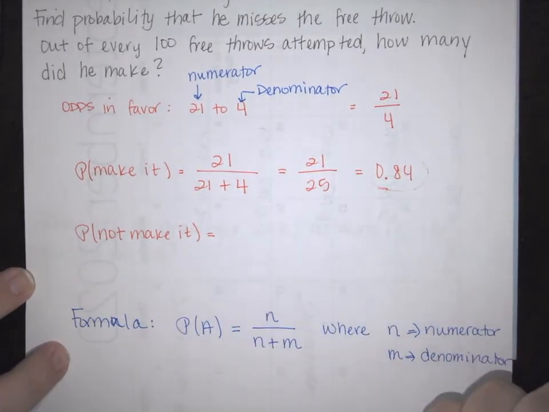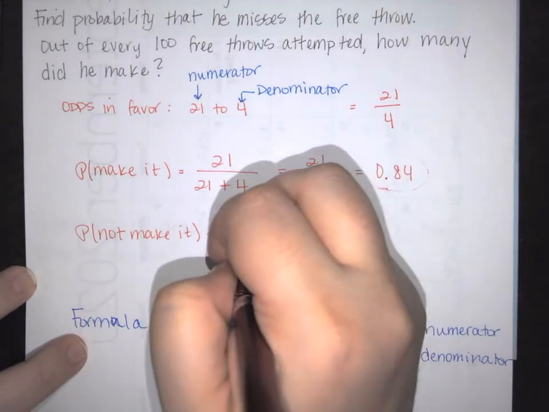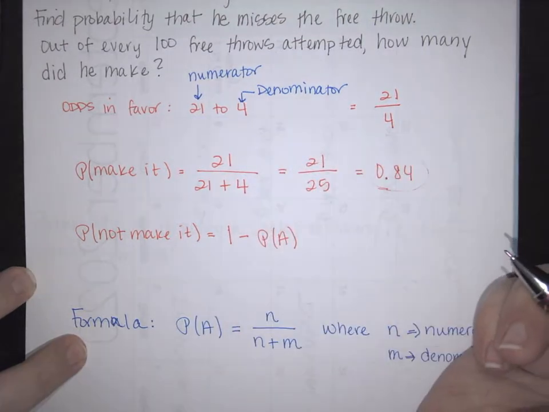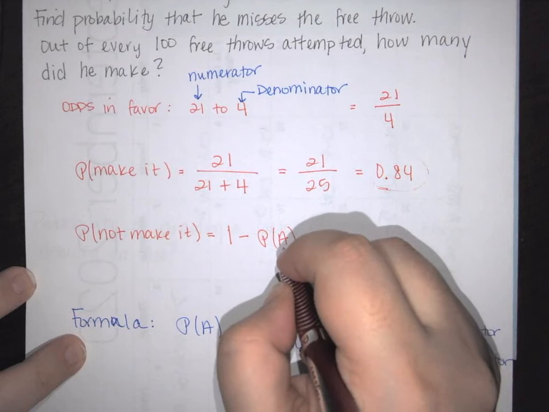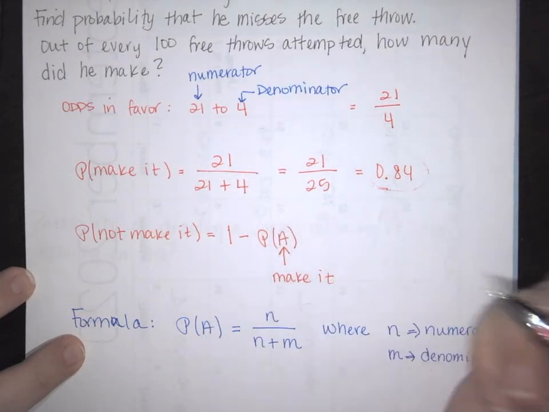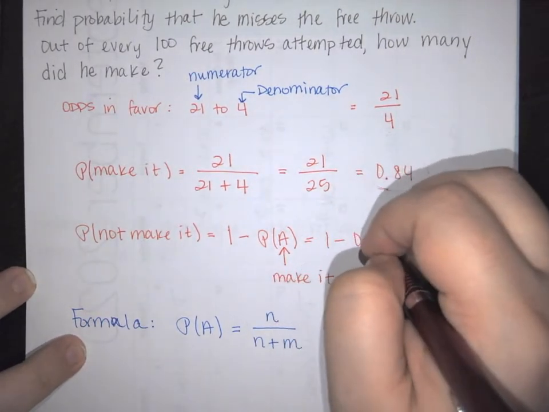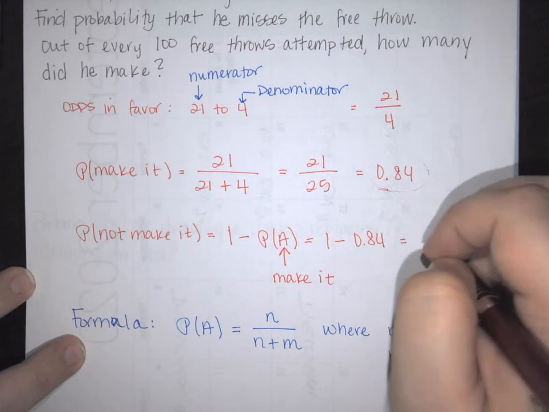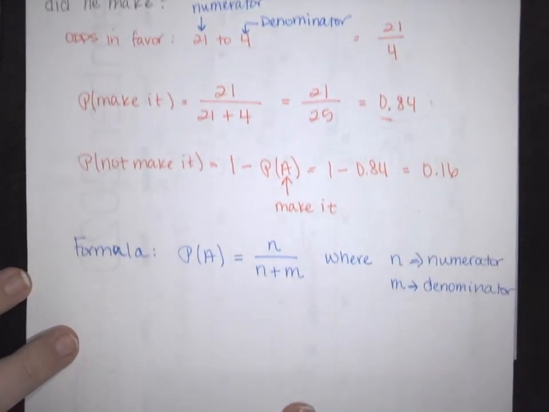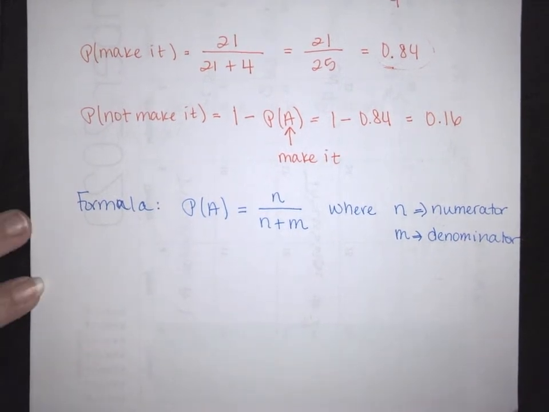To find the probability that he's not making it, you take 100% minus the probability that your event occurred. Remembering that event A here was that you make the free throw, this would be 1 minus my 0.84, which gives me 0.16. So what do we know?